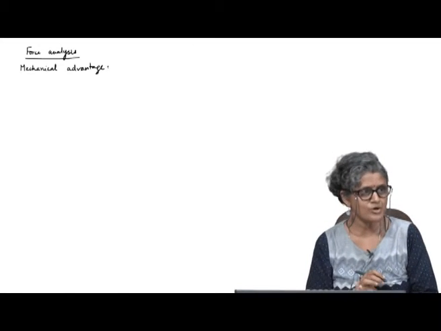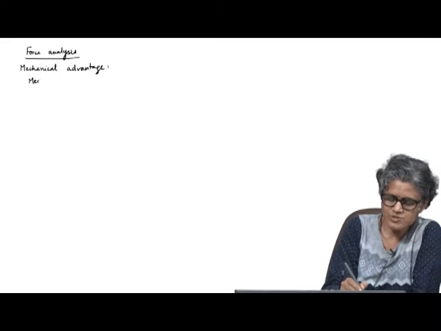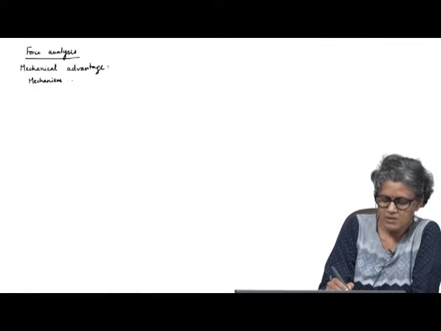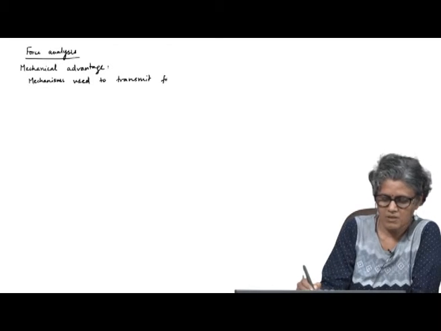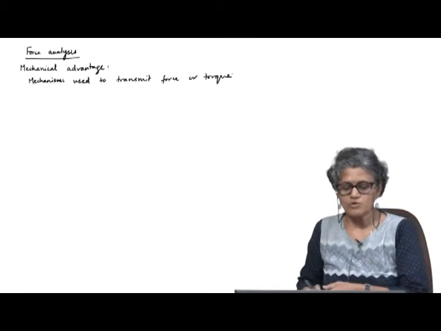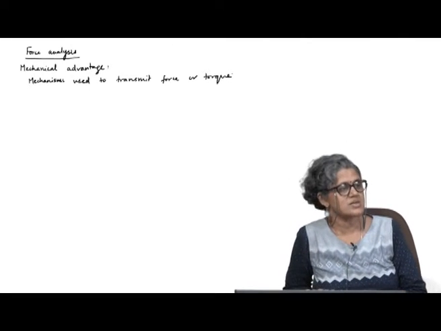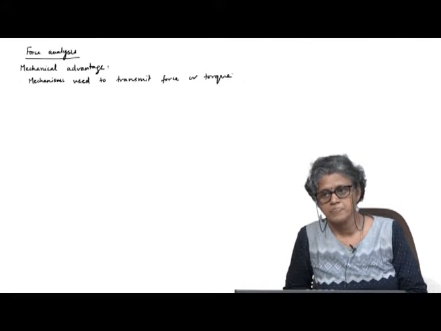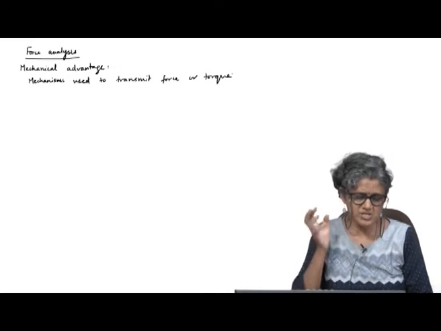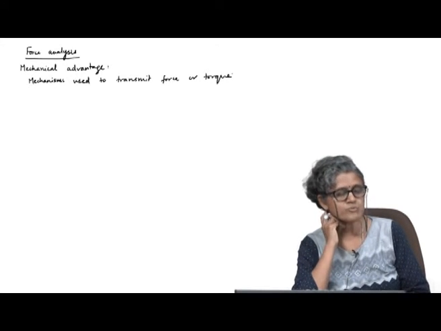Usually you are using a mechanism to transmit force or torque. You can also use, other than linkages, gear trains, which are another example where you can change the torque between the input and the output.